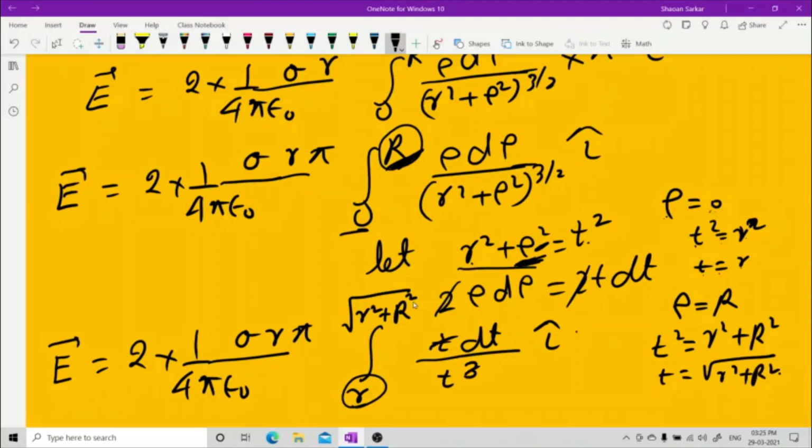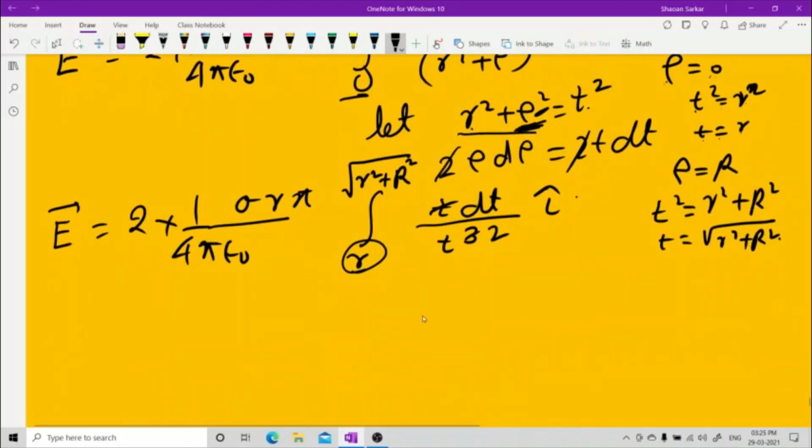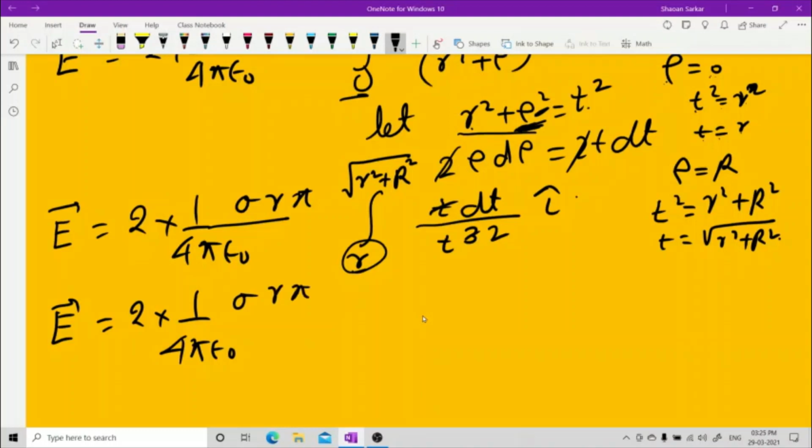Now this cancels out with this. So now what you are left with, the electric field is 2 into 1 by 4 pi epsilon naught sigma r pi. Here you have r as the lower limit, and the upper limit under root r square plus R square.